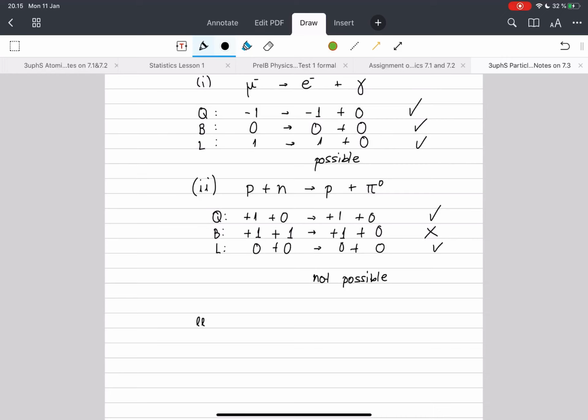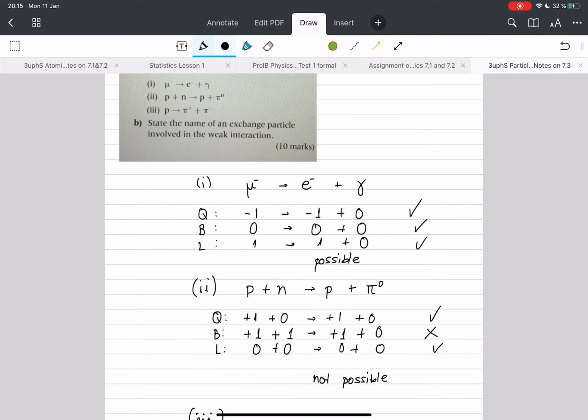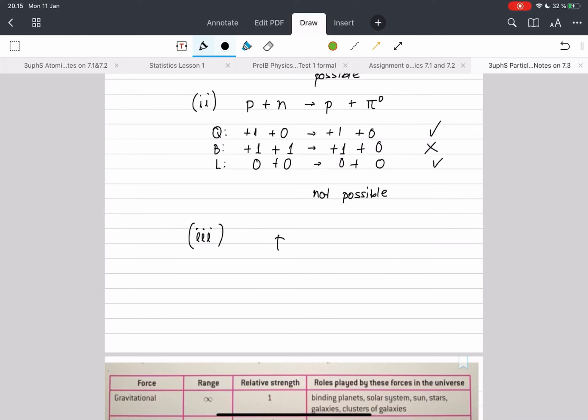Let's go to the third reaction. The third reaction says a proton becomes pion positive plus pion negative. First you can see that the charge is violated, because +1 becoming +1 and -1 is not possible. The B is also violated because the B for the proton is 1 and the B for the mesons is 0.